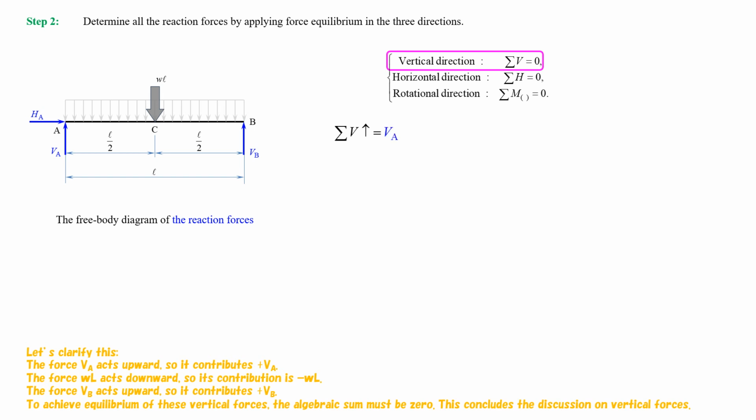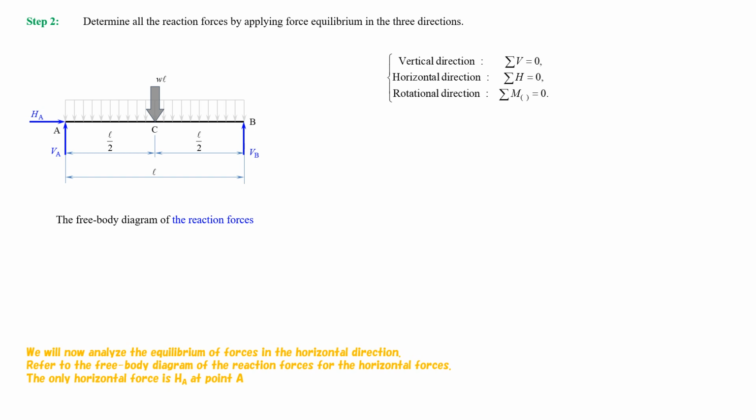The force W multiplied by L acts downward, so its contribution is minus W multiplied by L. The force VB acts upward, so it contributes plus VB. To achieve equilibrium of forces, the algebraic sum must be 0. This concludes the discussion on vertical forces.